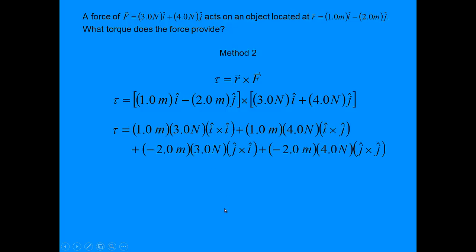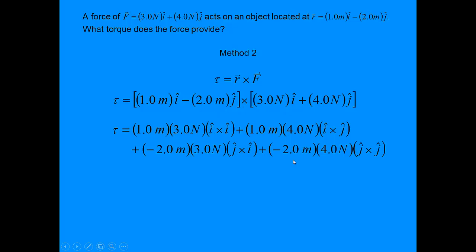But if we work everything out here, and make sure you're writing things in order, we get 1 meter times 3 newtons, i crossed with i. 1 meter times 4 newtons, i crossed with j. Do you see how I have to put this in this order? Be careful that you're doing it in the order. So this to this. And then we go to this one, which is negative 2 meters, 3 newtons, j crossed with i.